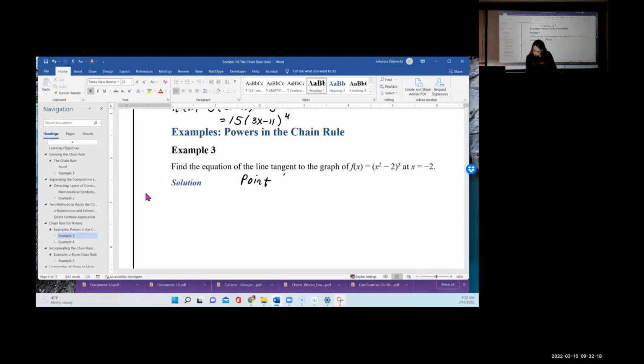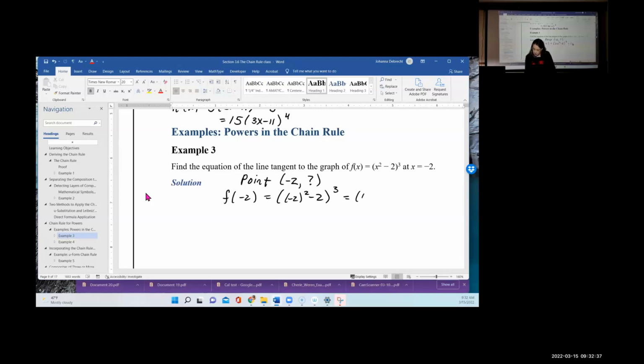So when we're looking at this one, we're going to need a point. And so far, what we know is that the x coordinate is -2. So we take our -2 and we plug it into the original function, which gives us -2 squared minus 2 inside parentheses, all of it cubed.